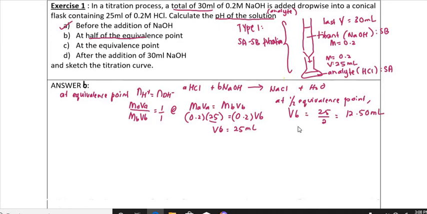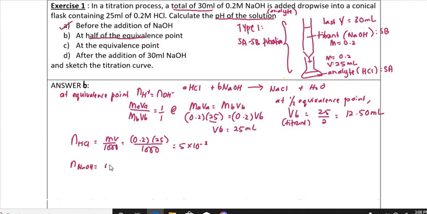Okay, after you get the volume base, that means volume titrant, what you should do? You find the mole HCl by using MV over 1000. Molarity 0.2, 25 over 1000, and we get 5 exponent negative 3. And mole NaOH using MV over 1000, 0.2.